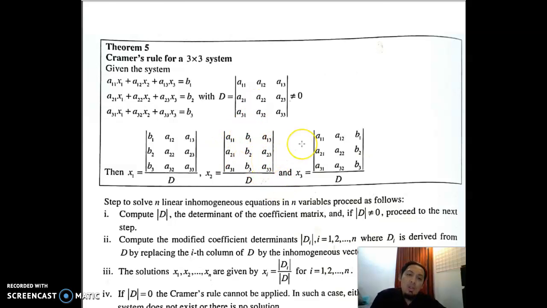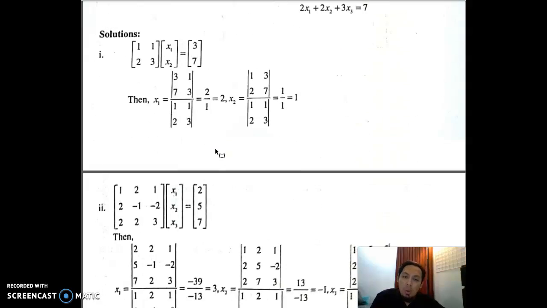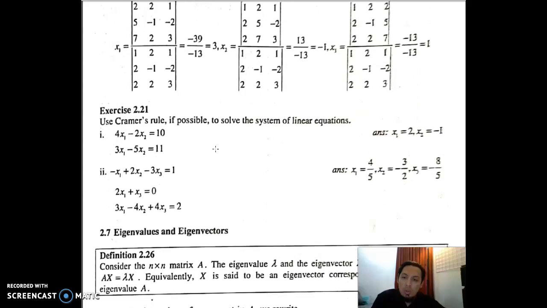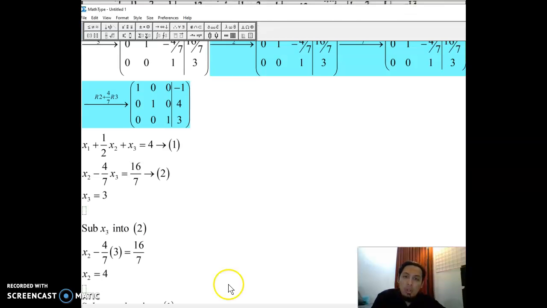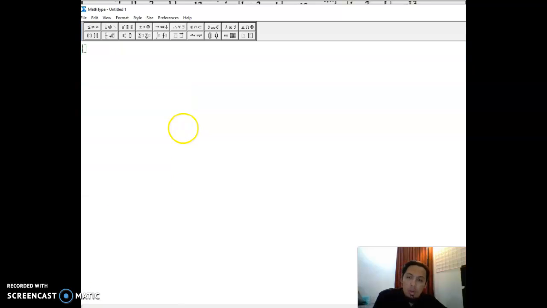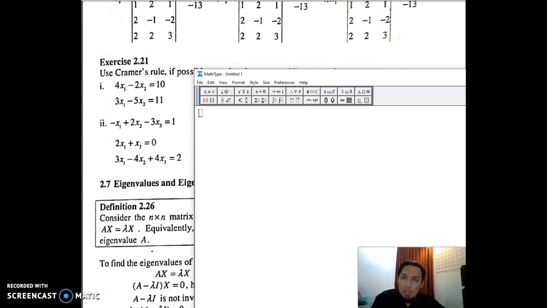Okay, so let's see how to solve it. Let's try to do exercise 2.21 number 2. So as usual, I'm going to input my matrix based on this linear equation.